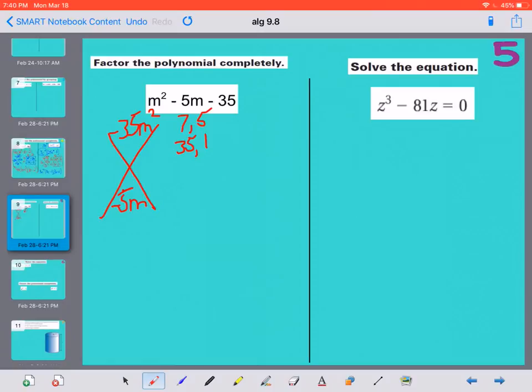Here, this one looks like I need to take out a z. So what I'm going to be left with is z squared minus 81 equals 0.